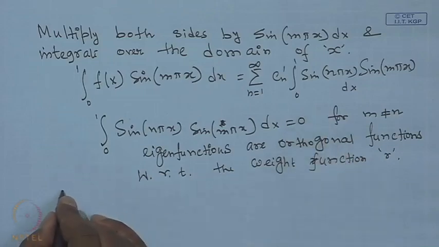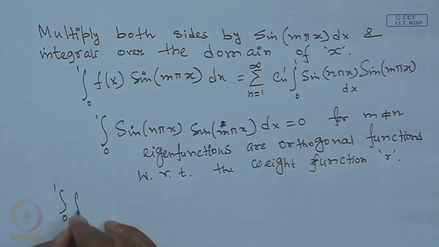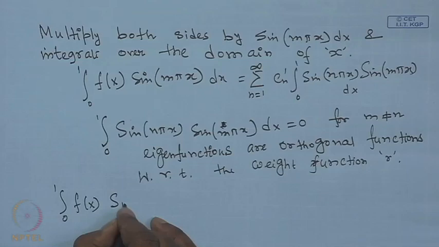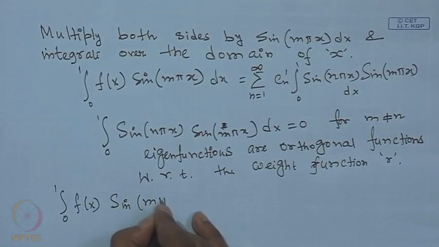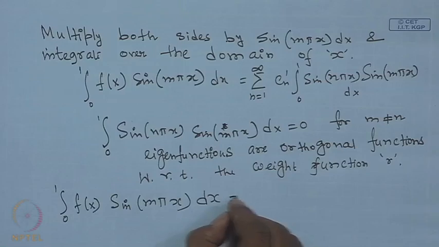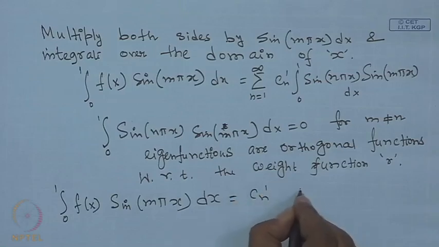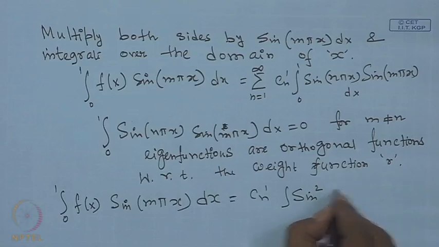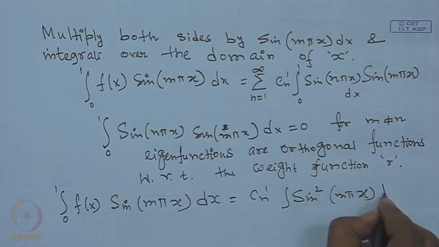So, you will be getting integral 0 to 1 f of x sin m pi x dx is equal to C n prime integral sin square m pi x, that is m is equal to n, dx from 0 to 1.